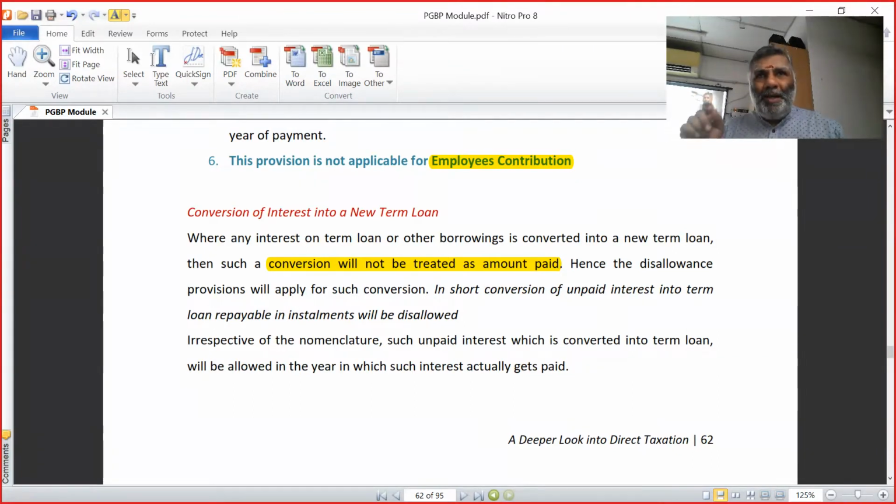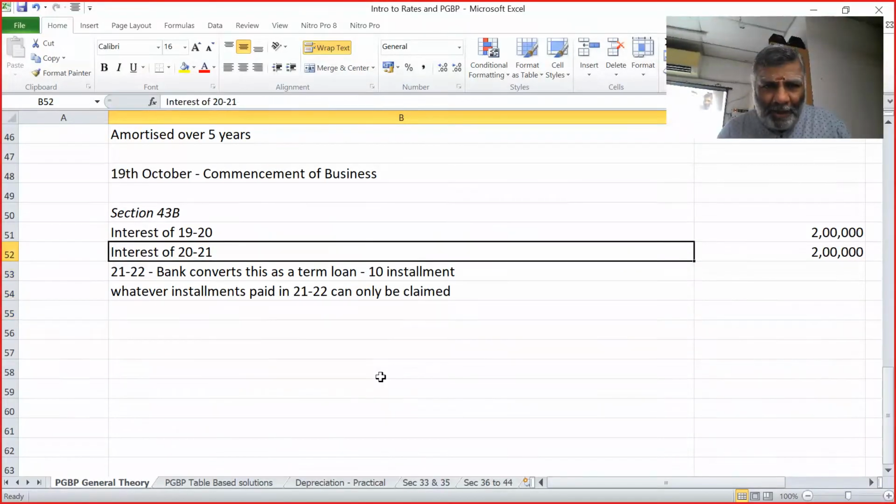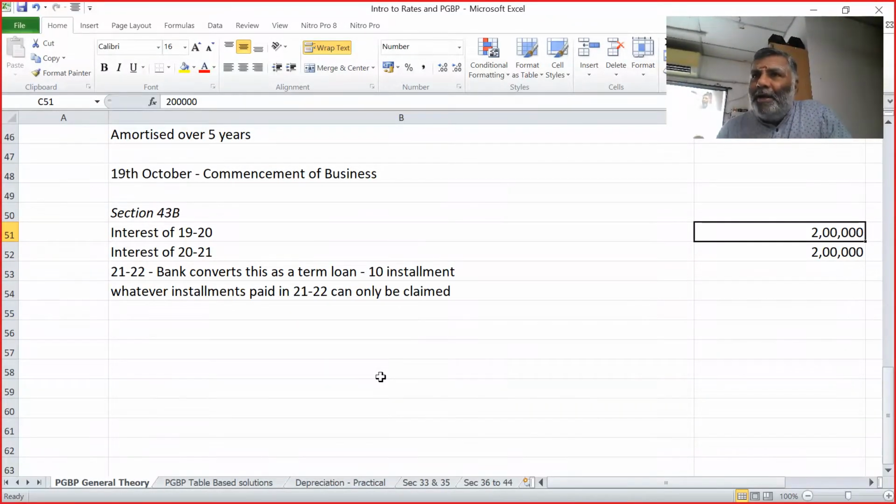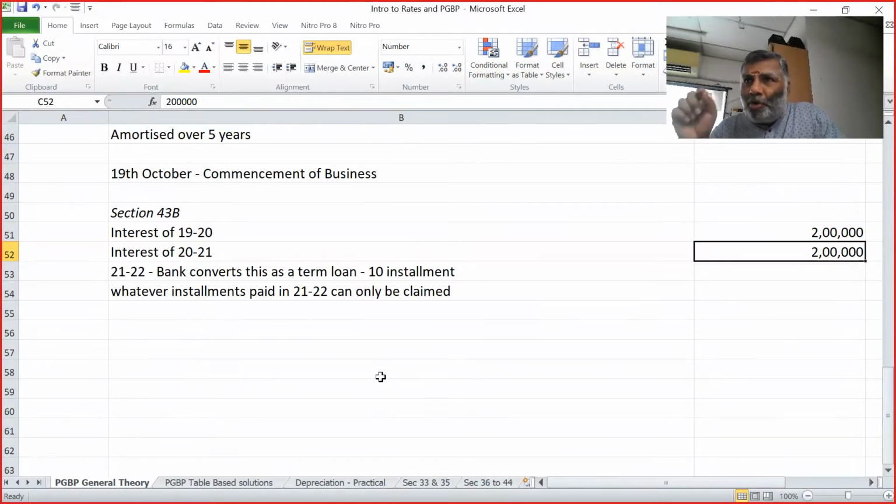So, I will tell you in terms of accounting, books of accounts, what I would have done: interest account debit to interest payable. Now, interest payable account debit to term loan, when they converted it into a term loan.